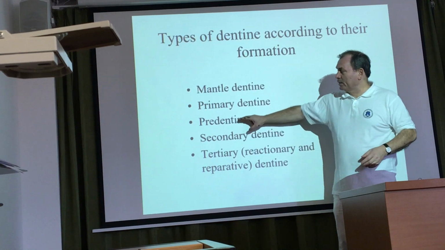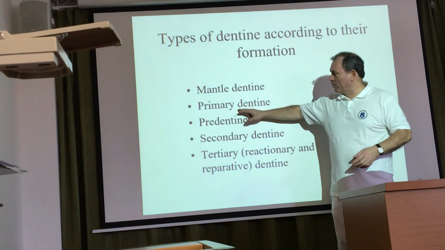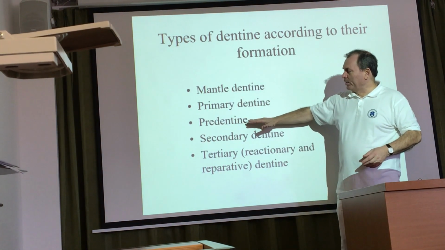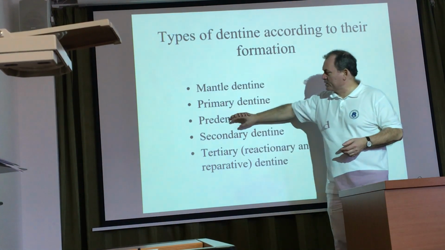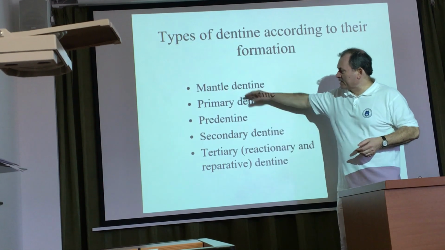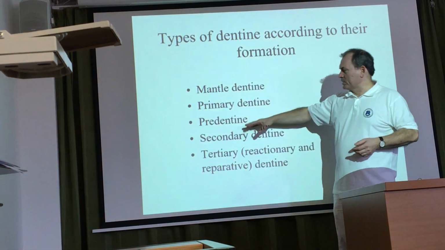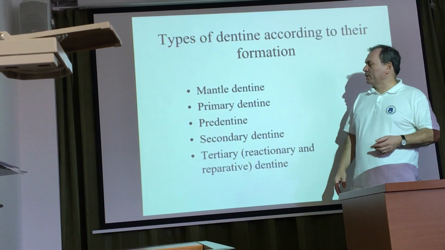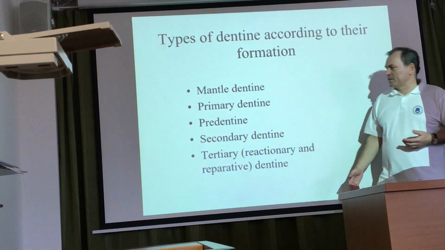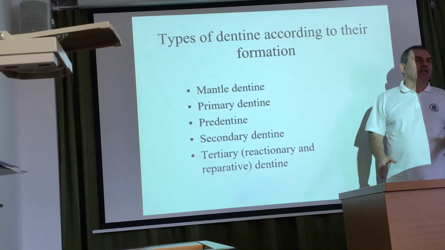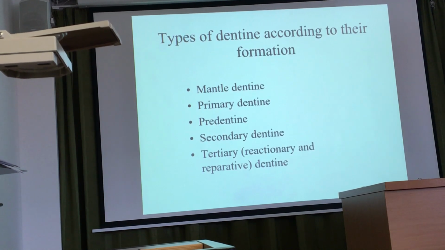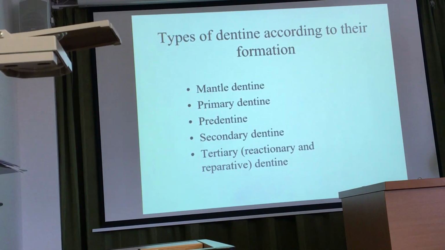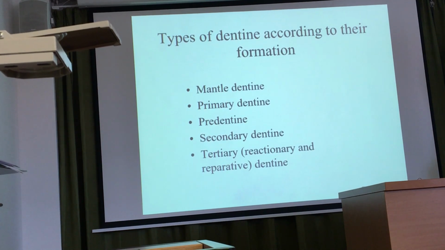But this predentin is always between the outer layer of the pulp, which is the odontoblastic cells, and the primary dentin, odontoblastic cells and secondary dentin, and even odontoblastic cells and tertiary dentin. Predentin is always there, because it is a non-mineralized dentin form.